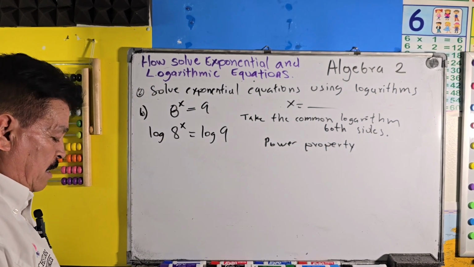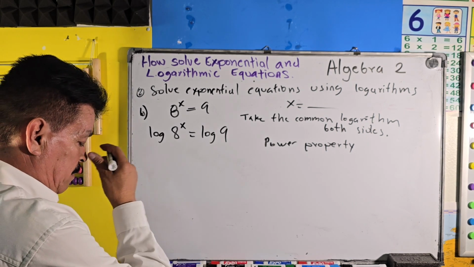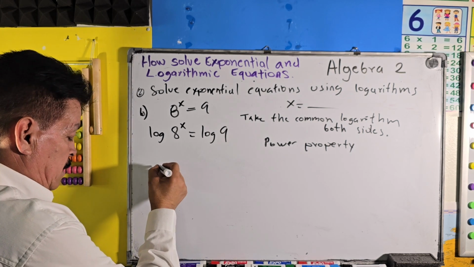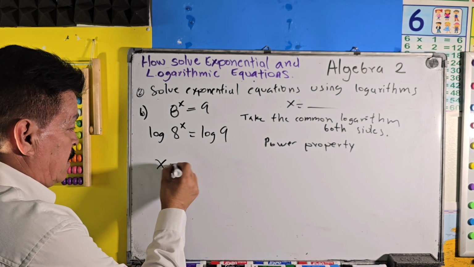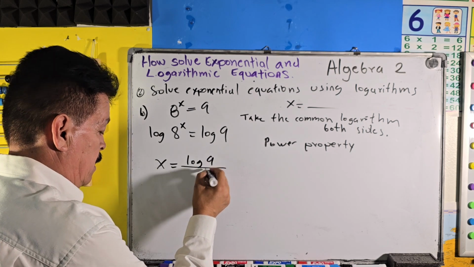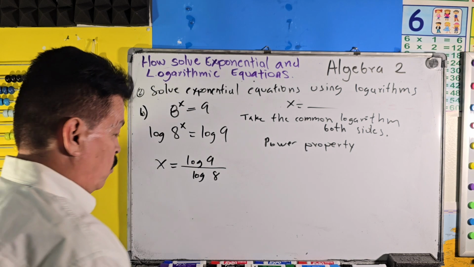So we have x log 8 equals log 9. Here we have to divide both sides.